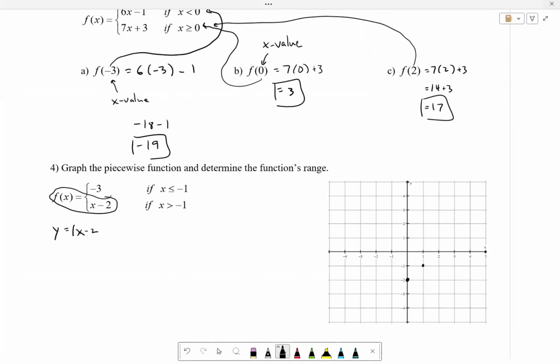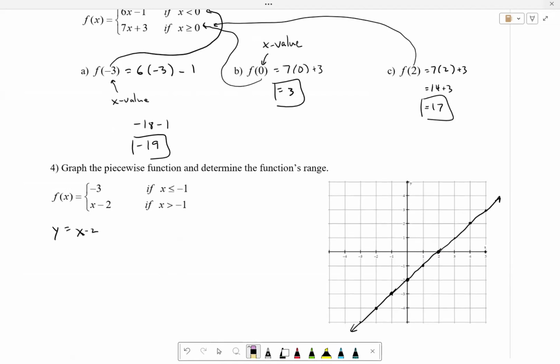There's 1 over 1 right there. So just going up 1 over 1. Okay, so then I could get a lot of points, so my line is pretty straight. There we go. So that is if we're graphing the line y equals x minus 2.